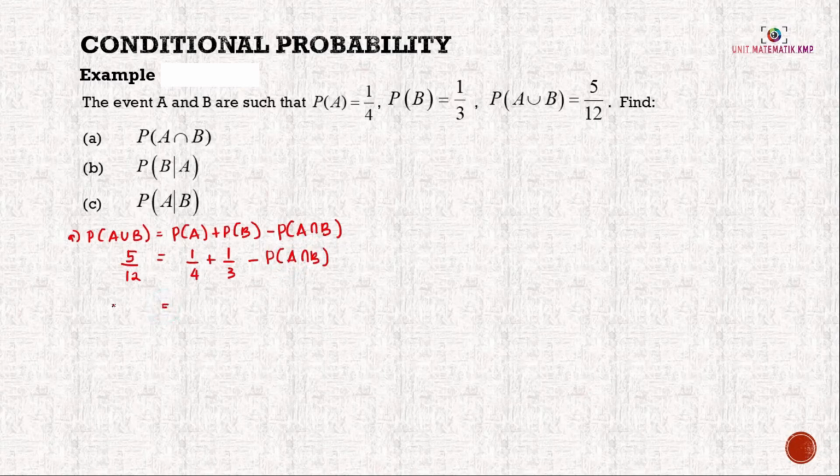Now we rearrange our equation and we can find the probability of A intersect B. So 5 over 12 minus 1 over 4 and minus 1 over 3, and then you will get 1 over 6.